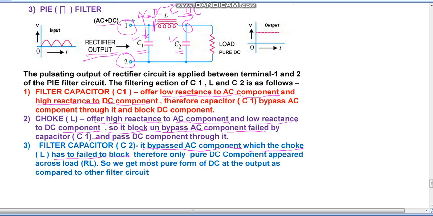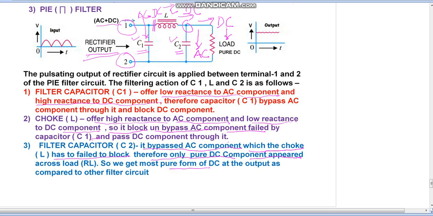Therefore only pure DC component appears across the load RL. So capacitor C2 again passes the AC component through it, which the choke has failed to block, and only pure DC component is applied across the load RL. So we get the most pure form of DC at the output.